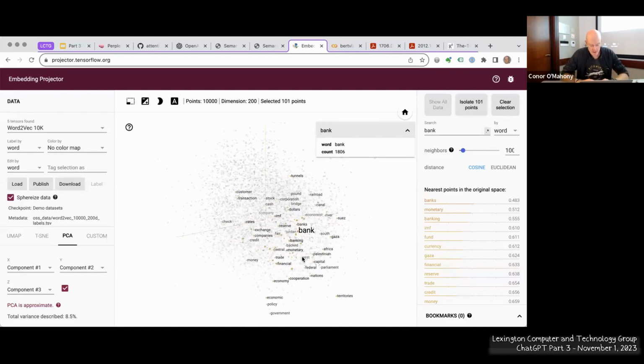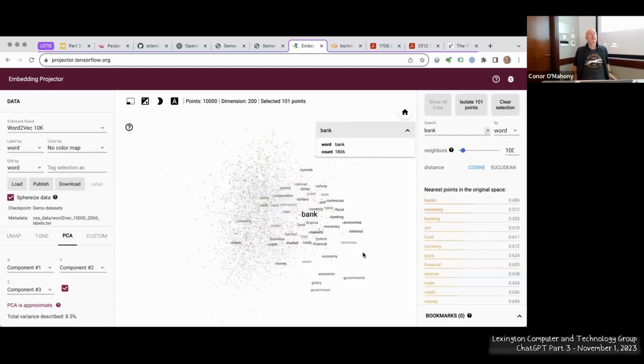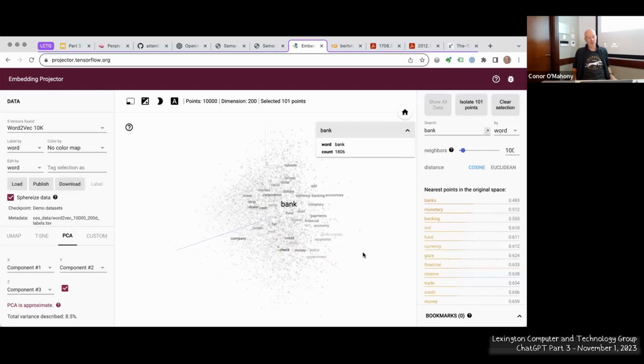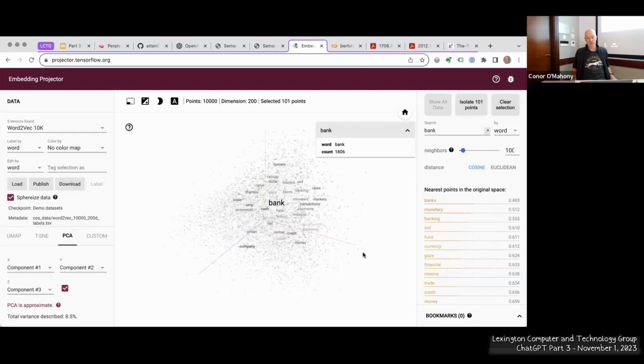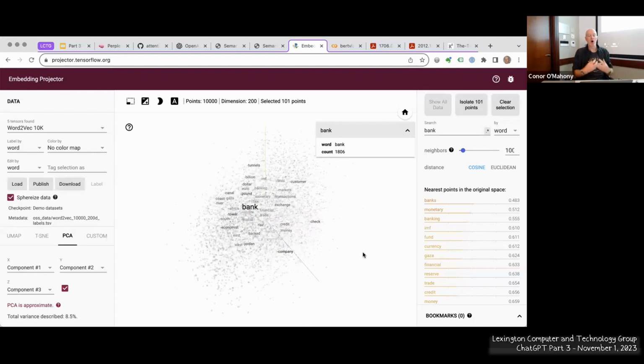So one thing that I wanted to point out here is that this space is actually quite big, and the words are a reasonable distance from one another. It's not like the words are all on top of one another.